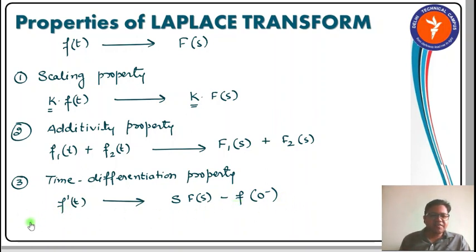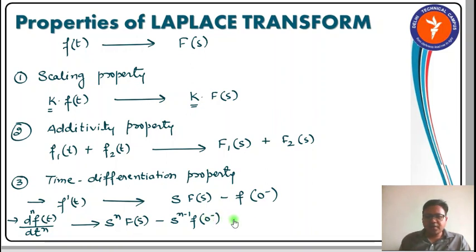And similarly, if I had the nth derivative of the function f of t with respect to time t, then its Laplace transform is s raised to power n F of s minus s raised to power n minus 1 f of 0 negative minus s raised to power n minus 2 f dash of 0 negative minus s raised to power n minus 3 f double dash of 0 negative, where f dash and f double dash are the time derivatives of the function f of t, and their values have been evaluated at t equal to 0.